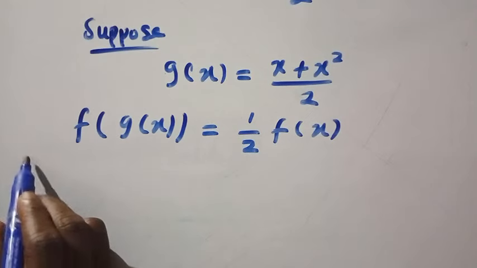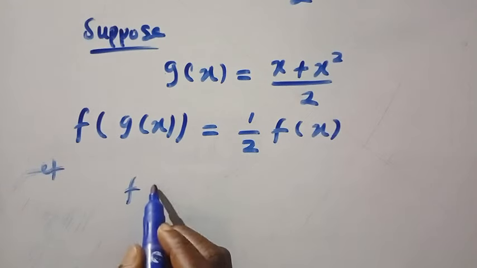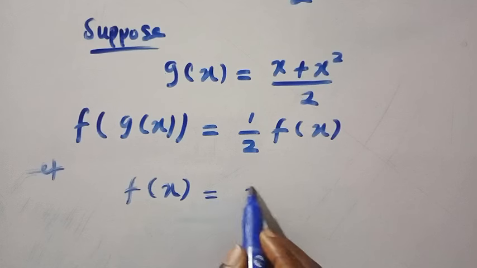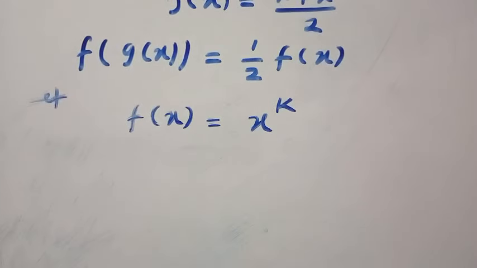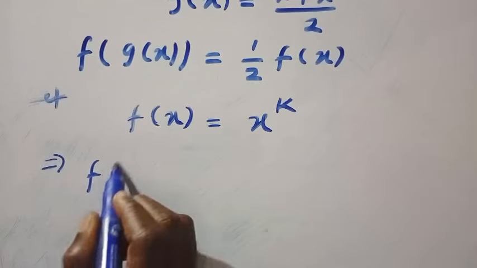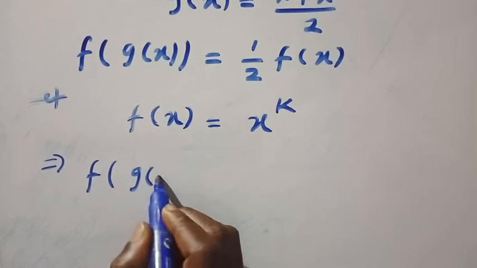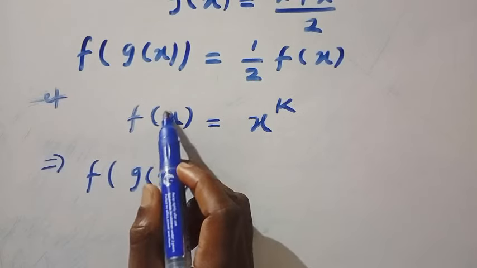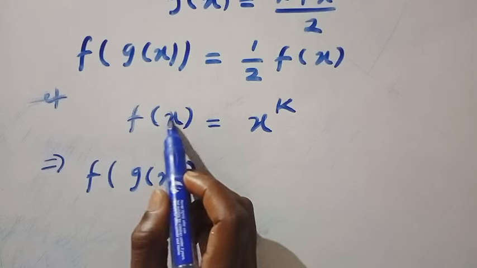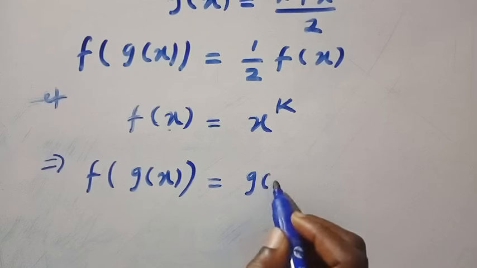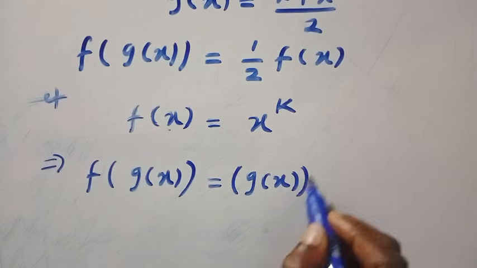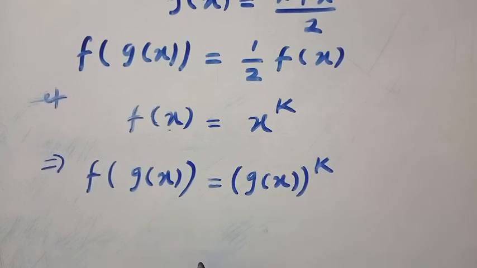If I let f of x equal x to the power of k, where x is a real number, this implies that f of g of x equals g of x all raised to the power of k.